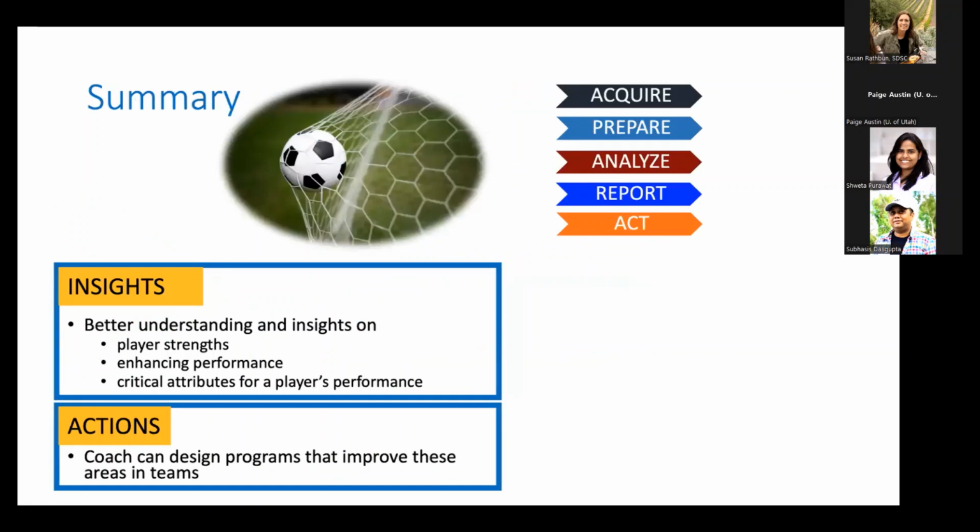So summary is, if you see broadly, we have a few major steps like acquiring data, preparing data, analyzing the data, and then reporting the insights, and then getting actionable insights that you can apply in your business or in your scientific domain.